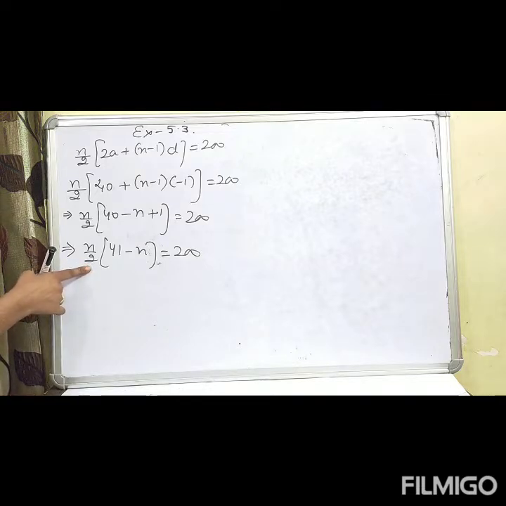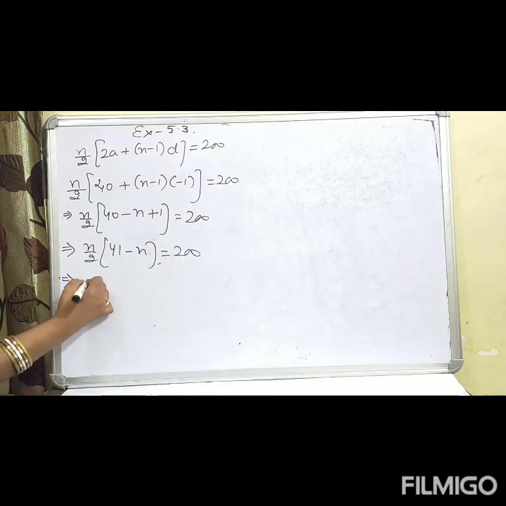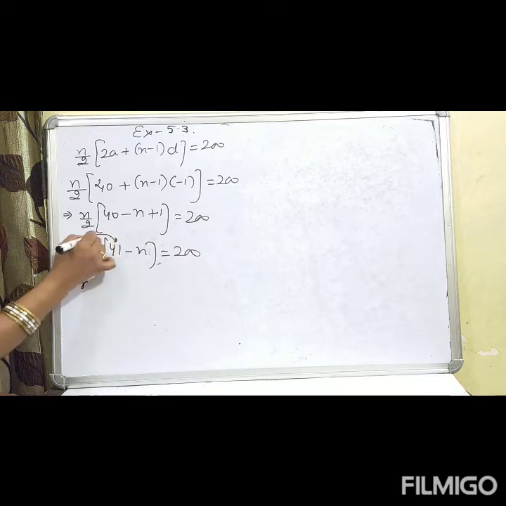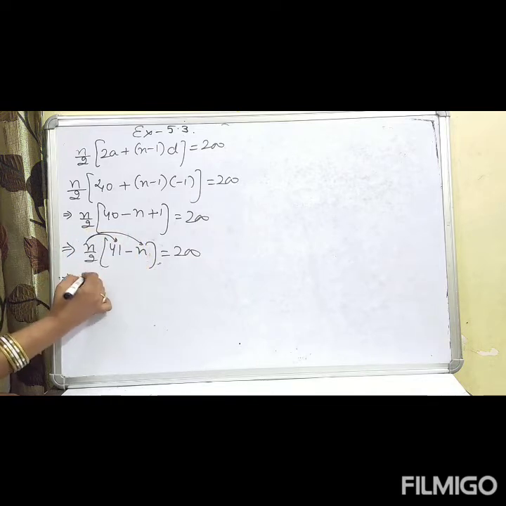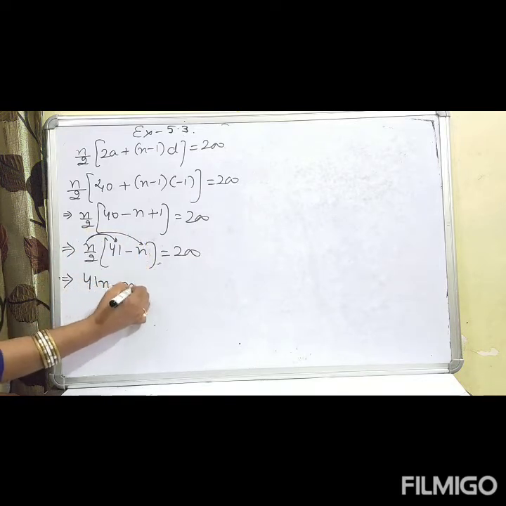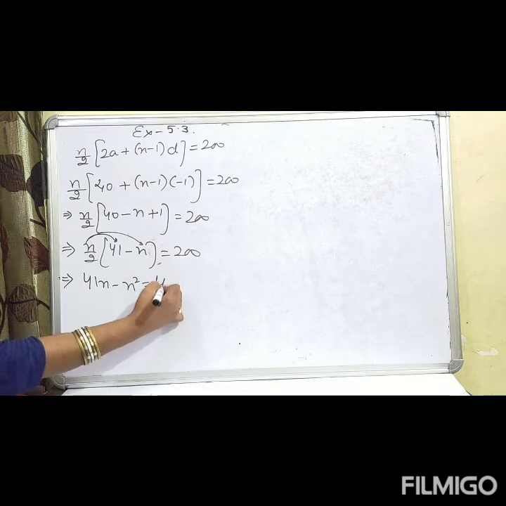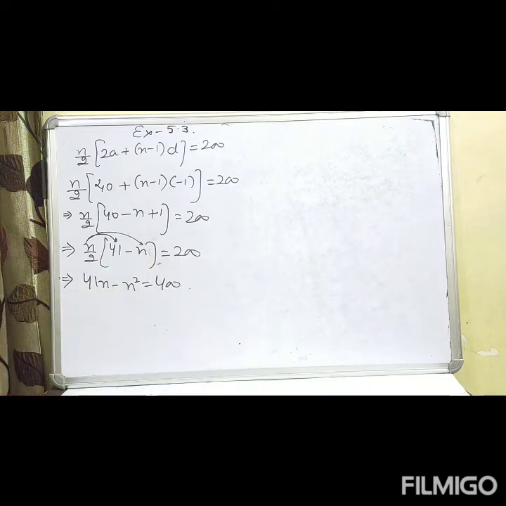Now take this 2 to the right hand side, and multiply this n inside the bracket, we get 41n minus n square equal to 400. Also we'll take these terms to the other side because n square is negative, and it's better not to keep negative signs with n square or x square, so that it is easy for calculation.